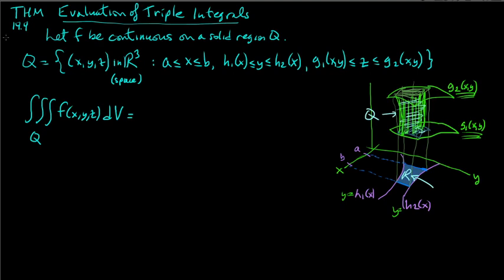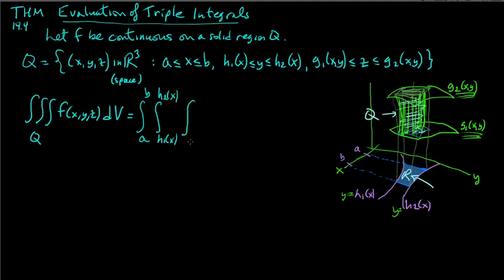Okay, so we can evaluate this by doing the iterated integral. The outer one is just x goes from a to b. The middle one goes from h1 of x to h2 of x. So these are y's, right?